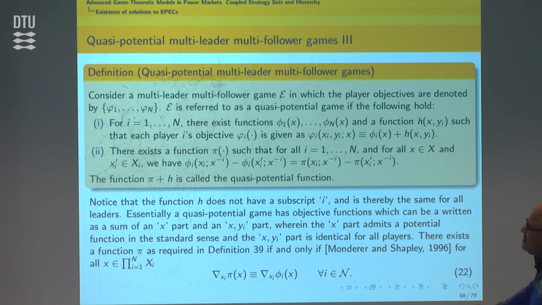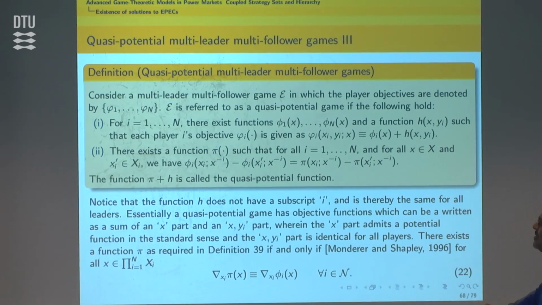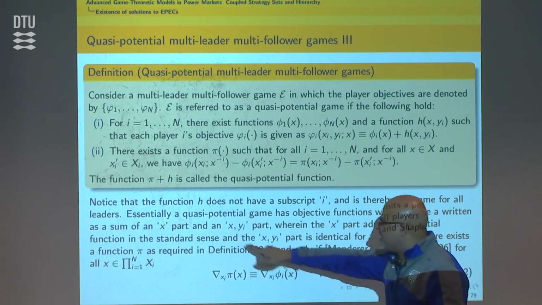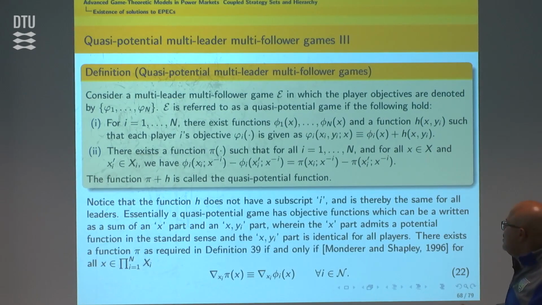Notice that the function h does not have a subscript i and is thereby the same for all leaders. Essentially, a quasi-potential game has objective functions that can be written as a sum of an x part and an x comma y_i part, right? Where the x part admits a potential function and the x comma y_i part is identical for all players, right?